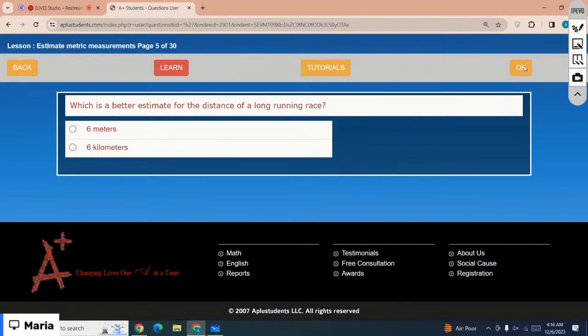Which is a better estimate for a long distance running race? Which is the correct option? You have 6 meters and 6 kilometers. Which is the correct option?